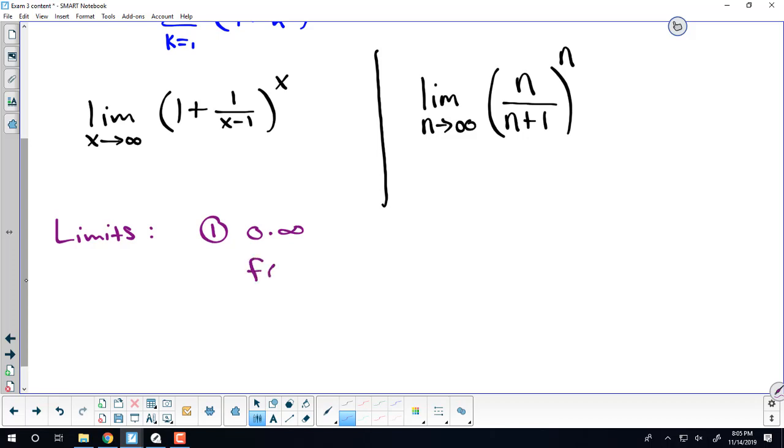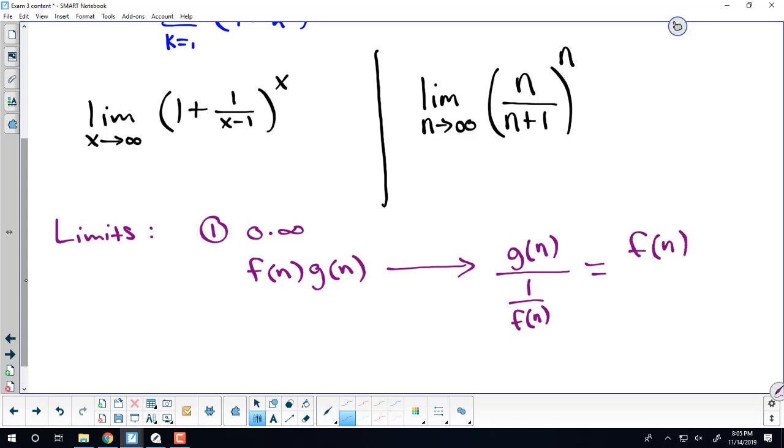These limits arise when you have the product of 2 functions of n. In order to rewrite this so that it applies to L'Hopital's, we have to reciprocate one and then divide by it. So if this product is 0 times infinity, then this quotient will always be 0 over 0 or infinity over infinity, depending on which one you chose to leave alone and which one you chose to reciprocate. That's how we take those back to a form of 0 over 0 or infinity over infinity.